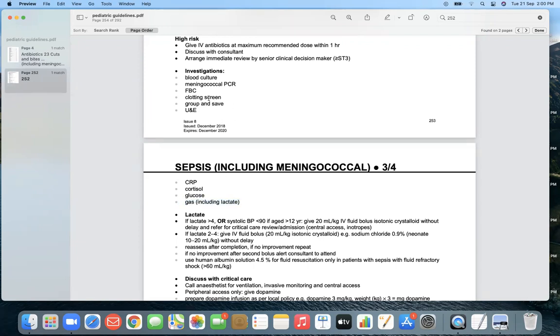So in the investigations, you will say CBC, CRP, blood culture, meningococcal PCR, clotting screen, blood group and save if needed, urea and electrolytes, CRP, glucose, gas. Cortisol, I don't know why. Can anyone tell me?